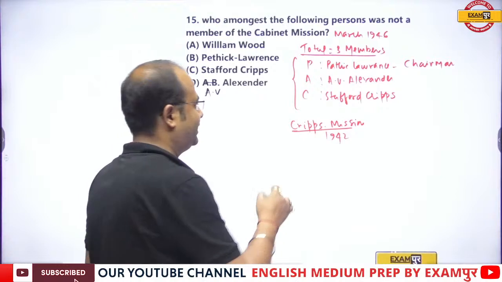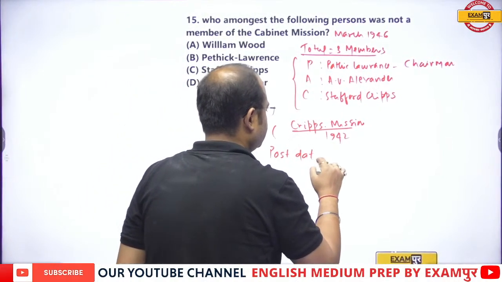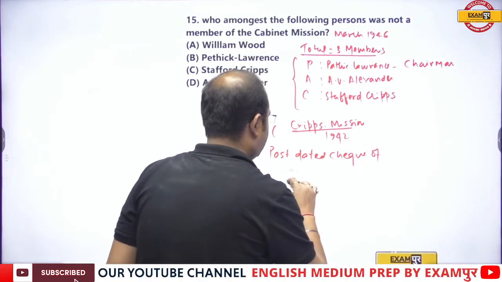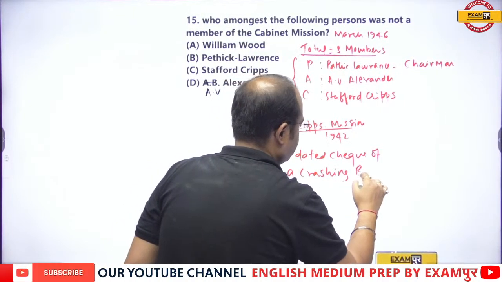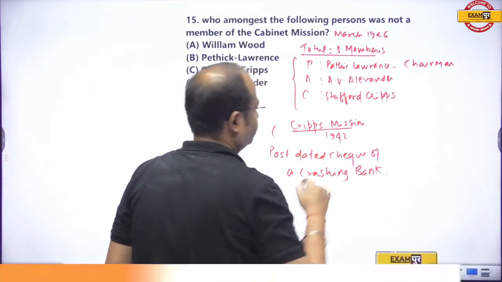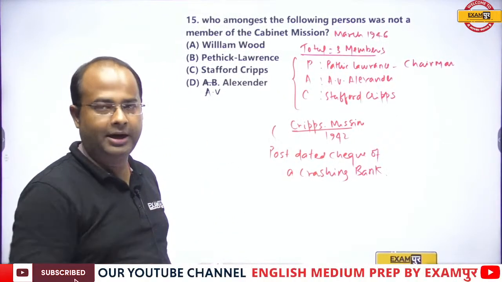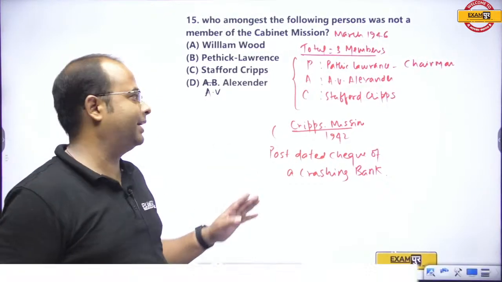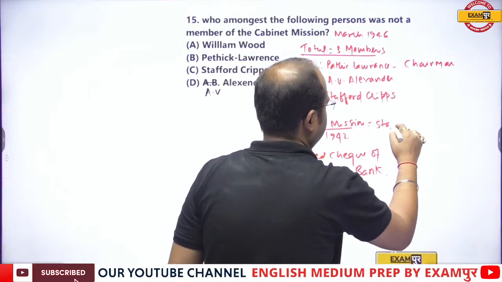Cripps mission was said as post-dated check of a crashing bank. Cripps mission came in 1942 and that came in 1946. So the difference is of 4 years. Although person is same. Cripps mission chairman was also Stafford Cripps.